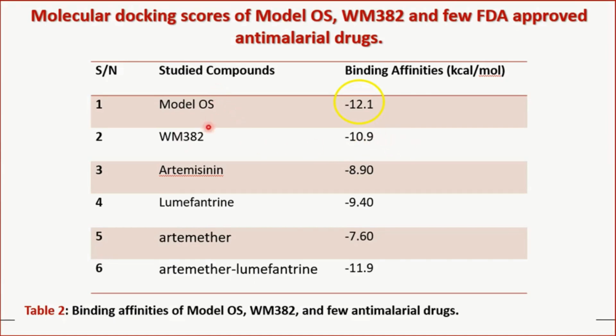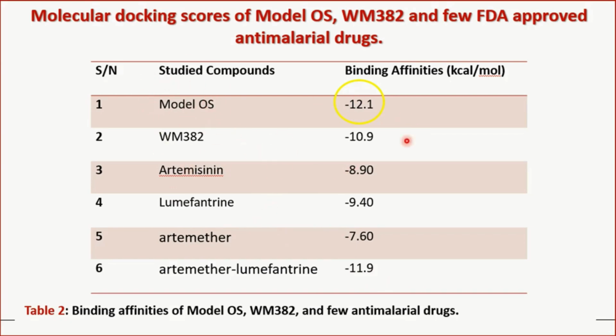When you compare this to existing anti-malaria drugs such as artemisinin, which has minus 8.9, and lumefantrine, which has minus 9.4, even when a combinatorial therapy was performed, combining artemether and lumefantrine, we still find it has about 11.9, which is still lesser than the optimized product.